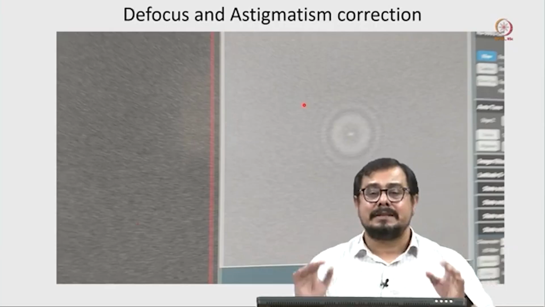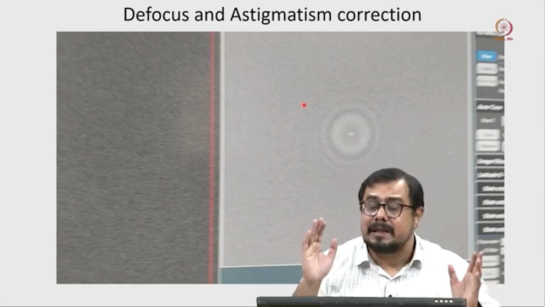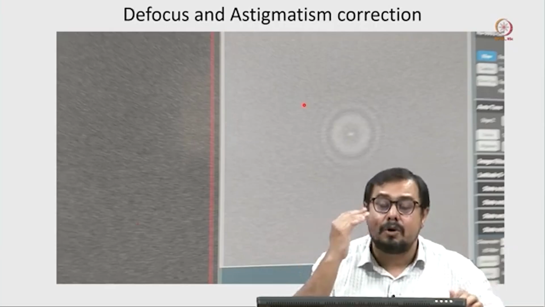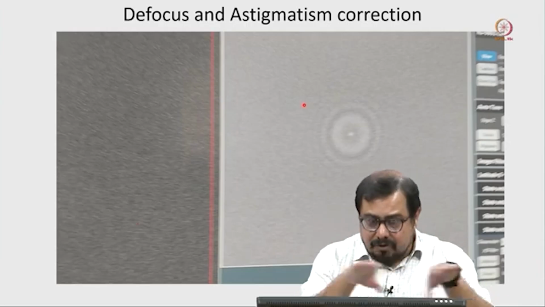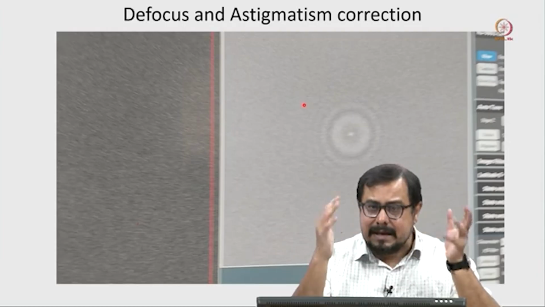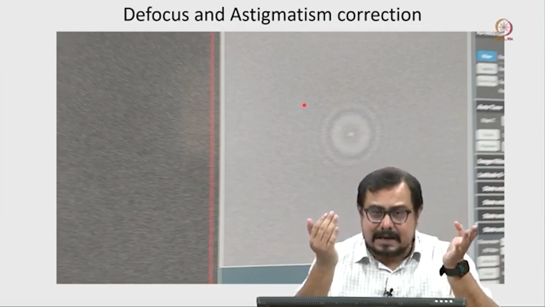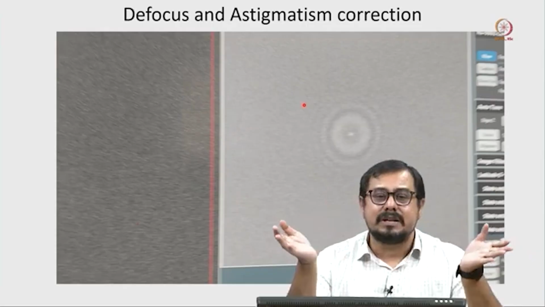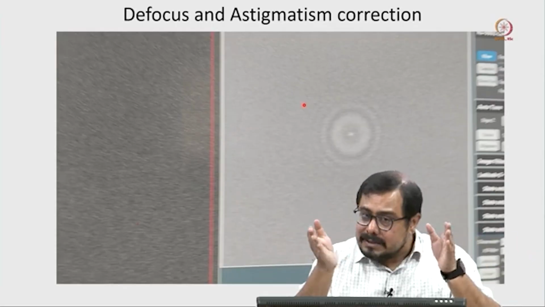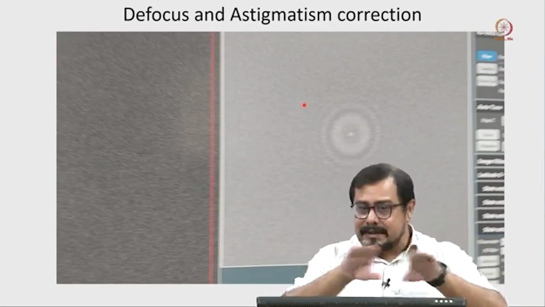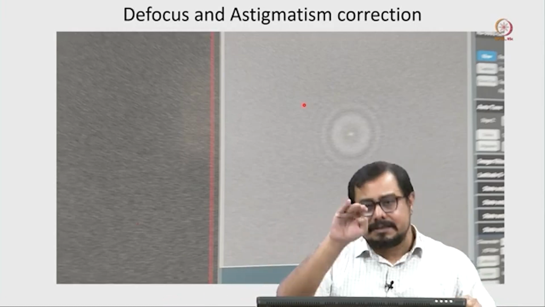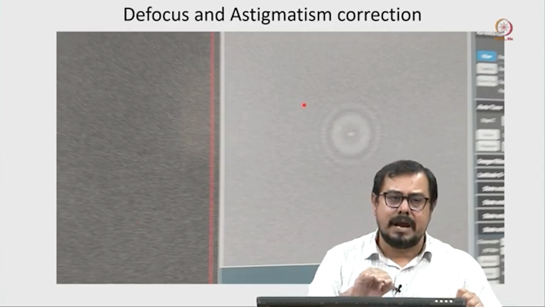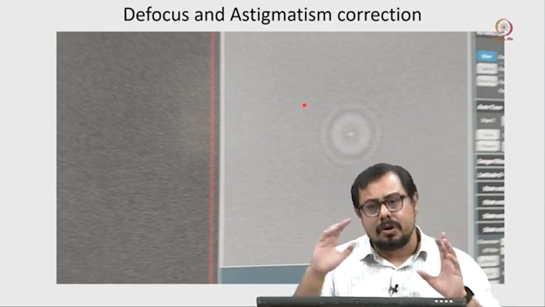That is one of the reasons we do not collect data at focus. Even in a light microscope, whenever we image, we do not use the focused image, because our eye cannot see it, and then we say that either it is off focus or the contrast is not good. So it does not matter whether we are collecting data in the optical microscope or not, we just go below that focus, or above, to collect the data.